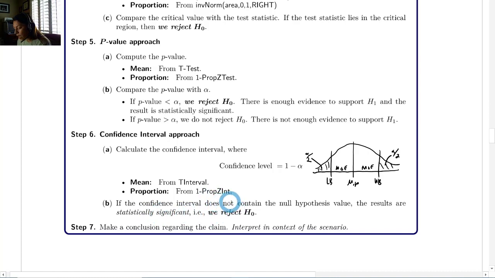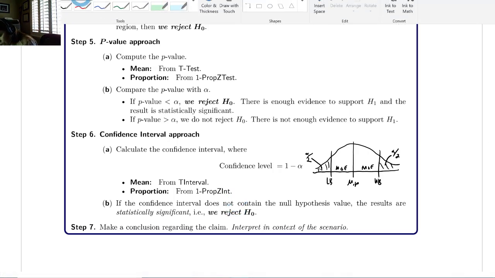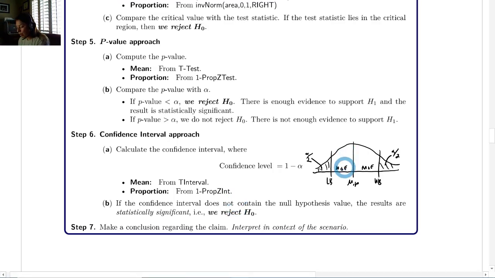So if that population parameter is not in here, we reject the null. As long as this lies in the confidence interval, we do not reject the null.